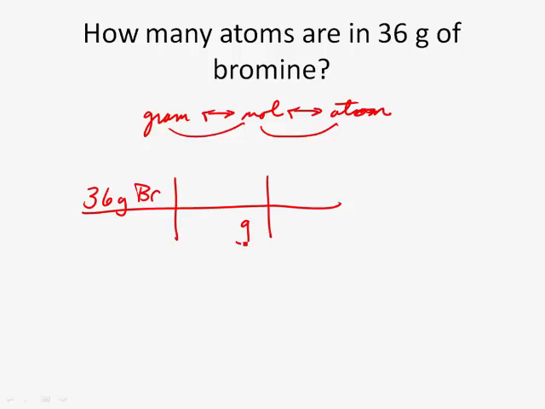So I know I need grams on the bottom, and I cannot go grams to atoms in one step. I need to go grams to moles first, then I can go moles to atoms. Okay, so grams to moles, on the periodic table it tells me that bromine's mass is 79.9.